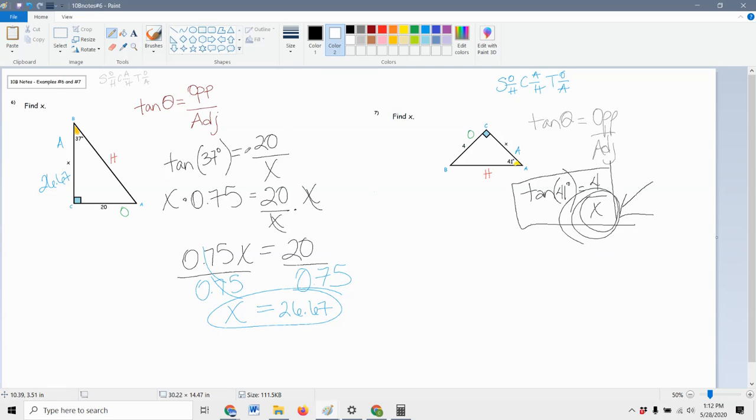See, that's exactly what we had over here, is the x on the bottom. And it's a simple fix, but a lot of students get hung up with this x on the bottom. So let's just review once again what we're going to do when our x is on the bottom.